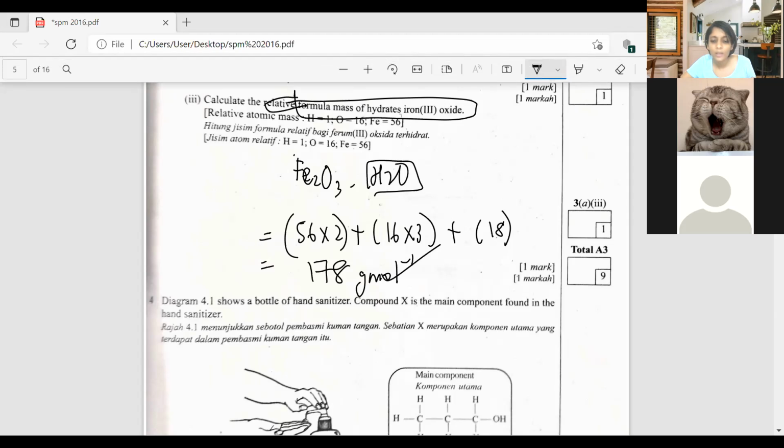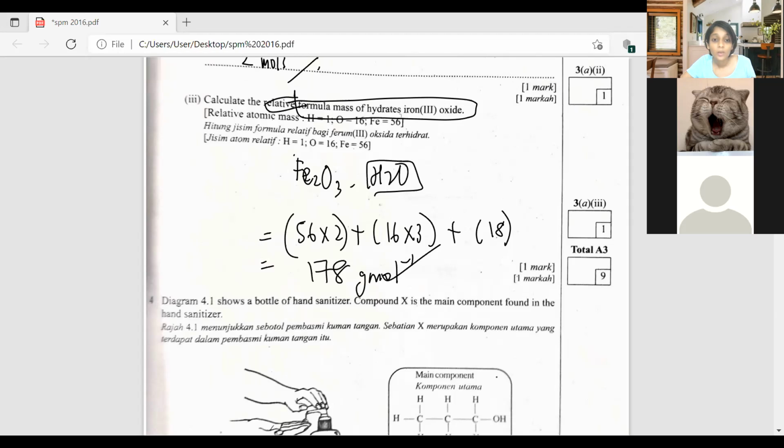Put -1 where? Okay, do I need to put gram per mole here? We are finding the relative formula mass. Do I need to put gram per mole? That is teacher's question. Need or no need to put gram per mole?